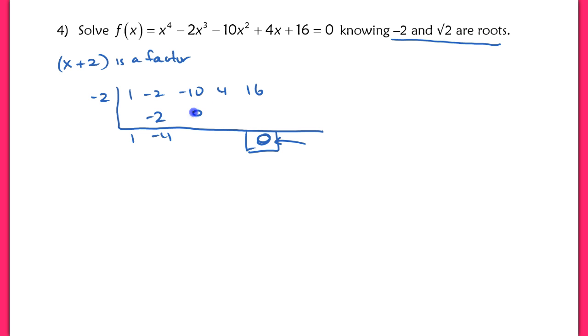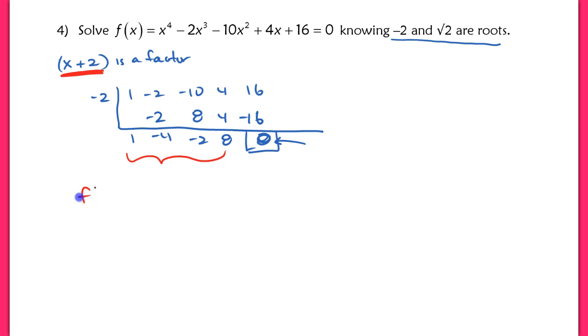And when I multiply here, I get negative 2. So negative 2 times negative 2 is 4, 8. 8 times negative 2 is 16, and when I add these, I do get, in fact, a 0. So what this is saying is that after I divide my polynomial by x plus 2, I am left with a new polynomial.